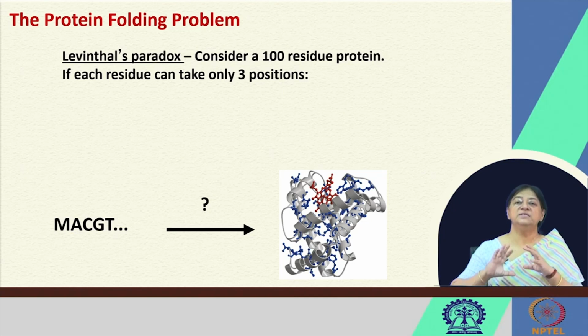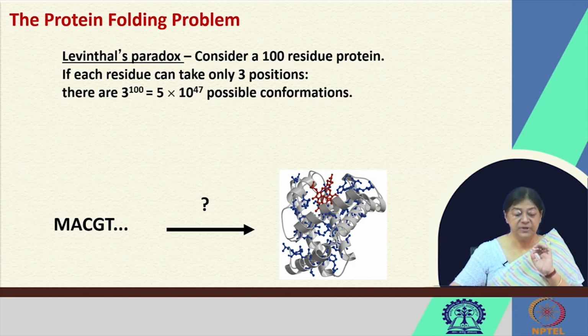We know it can take very many positions depending upon the rotations, but we also have geometrical constraints on the rotations, so nevertheless we are considering only 3 specific positions. This means there are 3 to the 100 possible conformations that this primary sequence of 100 residues can have, considering only 3 possible positions per residue. This means that there are 10 to the 47 possible conformations.